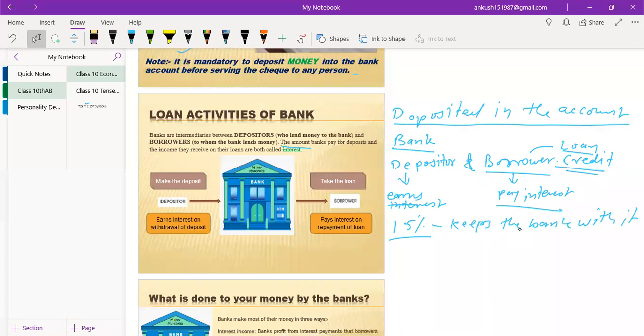Are you getting? Only 15% money. Then what happened to the 85% money deposited by the depositor? This is what the bank actually lent to the borrowers in the form of loan.